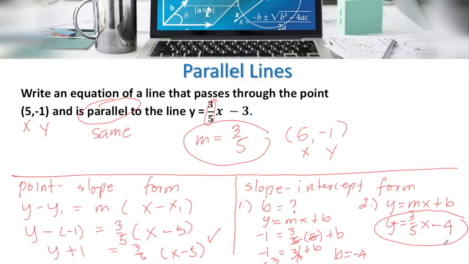So the equation parallel to y equals 3/5 x minus 3 is y equals 3/5 x minus 4. If you want to verify and confirm, graph these two equations in Desmos calculator.